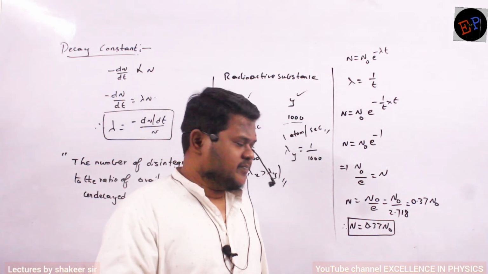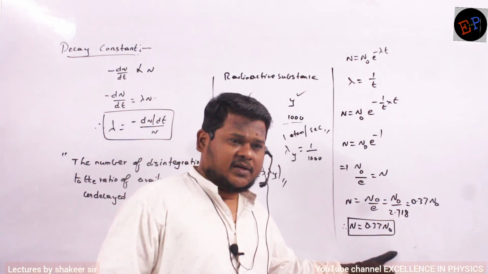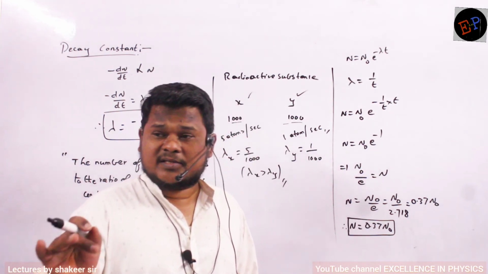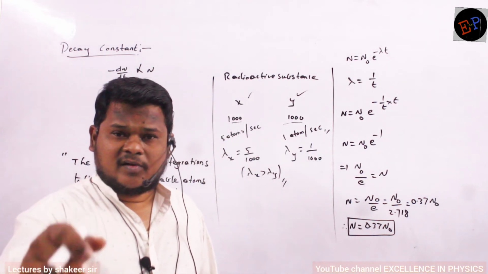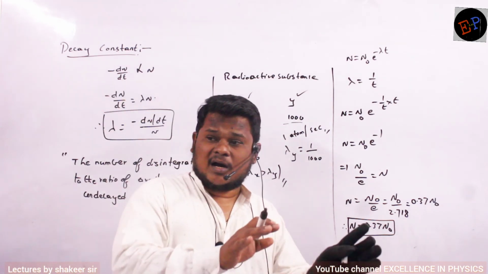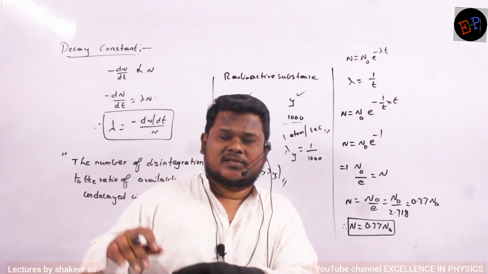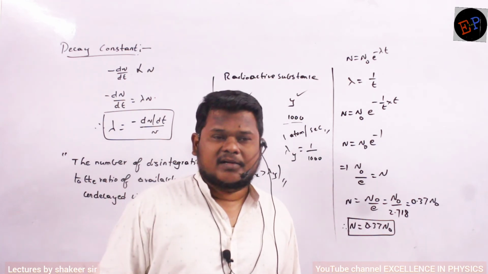What is the meaning of this? N is equal to 0.37 N naught. It means only 37% of the atoms are still ready for disintegration. It means already how many of them have disintegrated? 63% have already disintegrated.